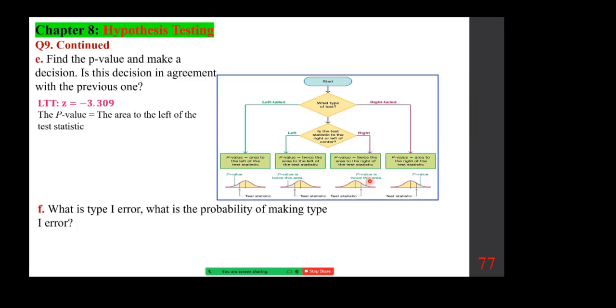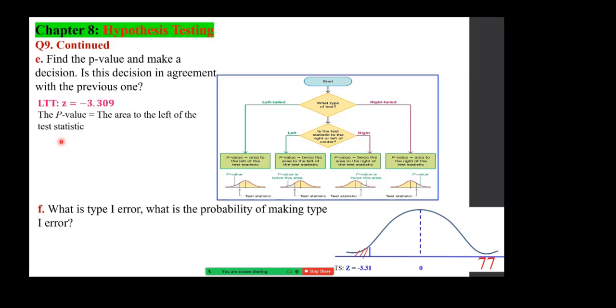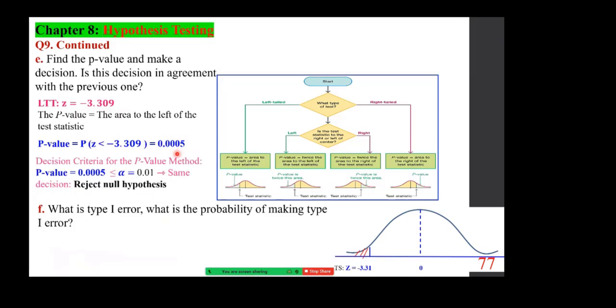Therefore, for us, we found the test statistic to be negative 3.309. The p-value is the area to the left of that test statistic, and that's 0.0005. Remember, you are picking this from the table. You can use a calculator, however you do that is fine. Needless to say, technology gives you a better answer.